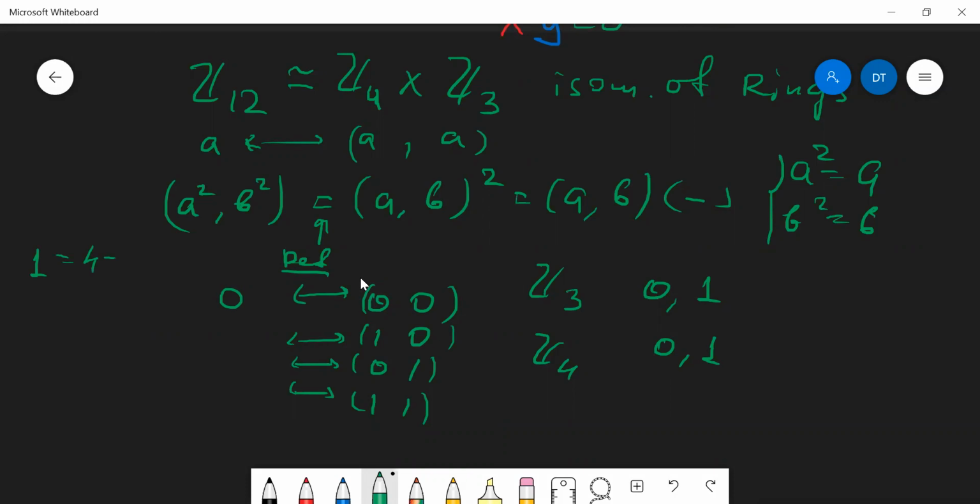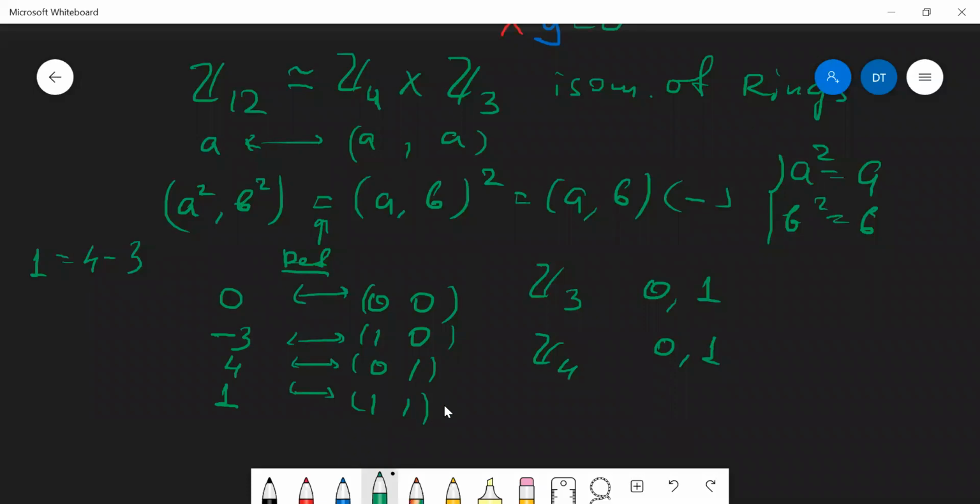In this case, it's just 1 equals 4 minus 3. So the minus 3 is an element which is 1 modulo 4 and 0 modulo 3. And the element 4 is the one which gives you 0 modulo 4 and 1 modulo 3. And then (1, 1) is just the sum of these two.